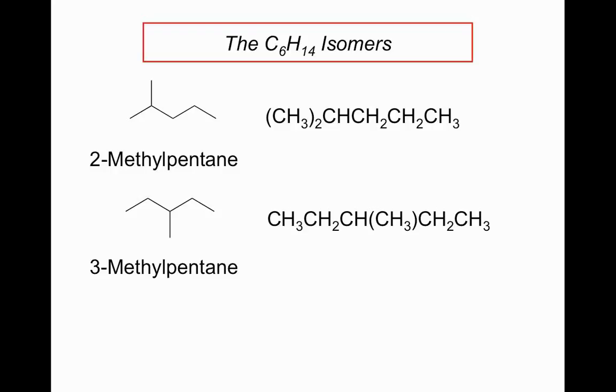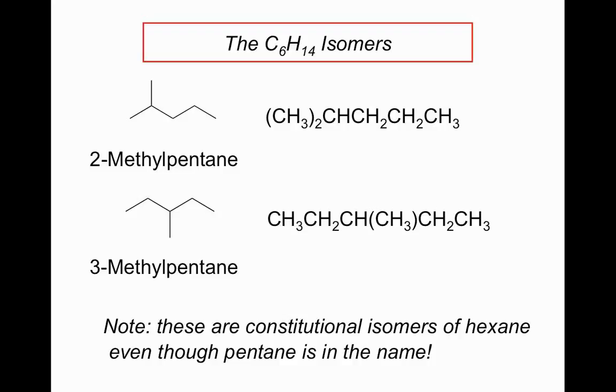With the locants indicated, we know that one of these structures has a methyl group at position 2, the other has a methyl group at position 3. Importantly, note that these are constitutional or structural isomers of hexane, even though pentane is in the name. Pentane is the basis of both of these structures, but they are isomers of hexane.